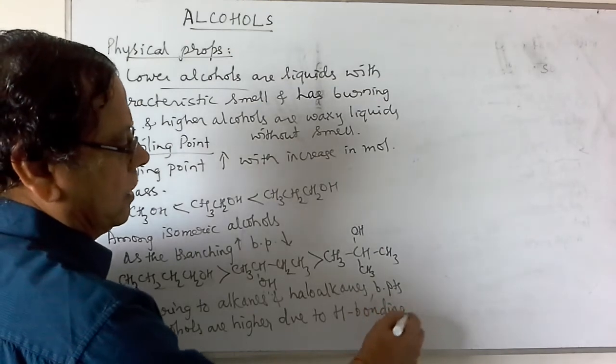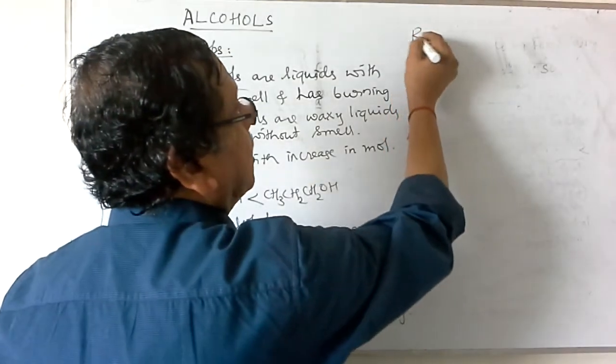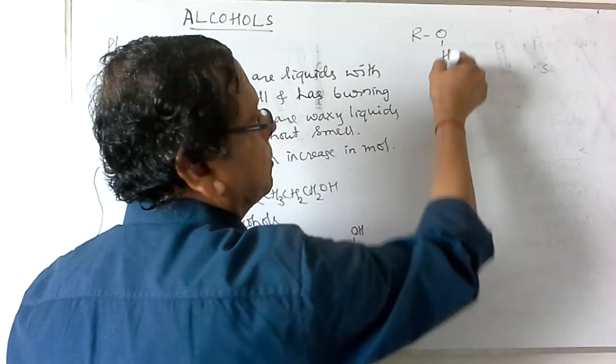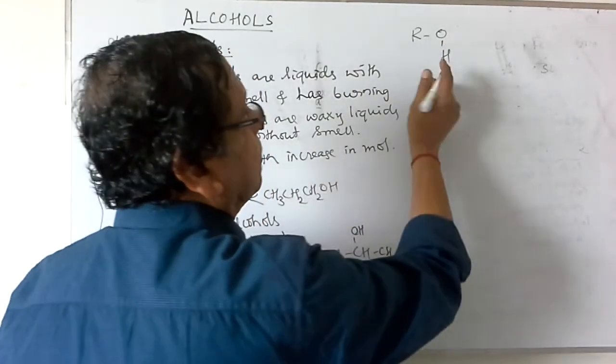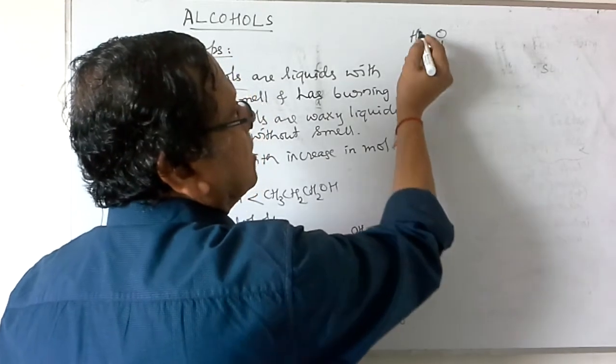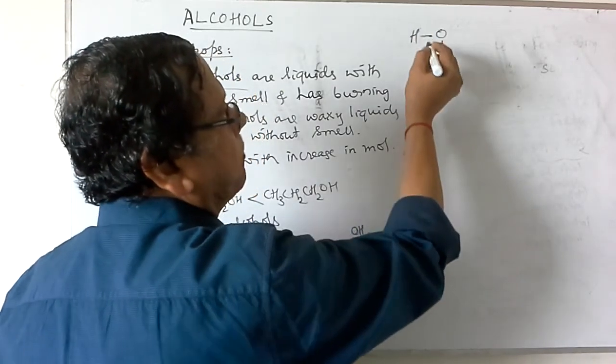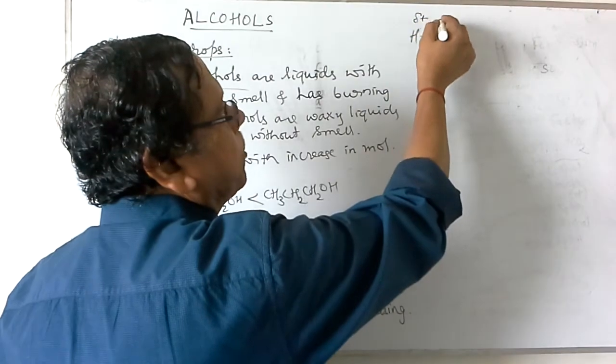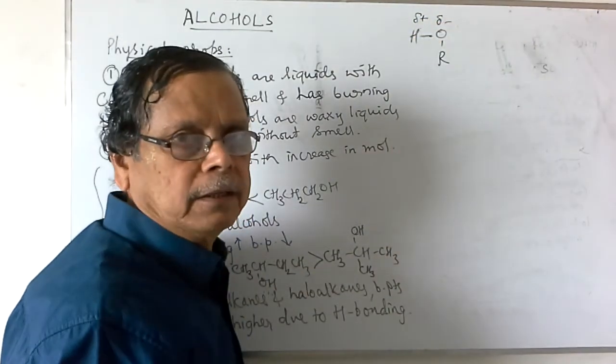Say I have an alcohol with the formula ROH, with hydrogen and an alkyl group. Since the hydrogen and oxygen bond is polar, hydrogen carries a slight positive and oxygen carries a slight negative charge.